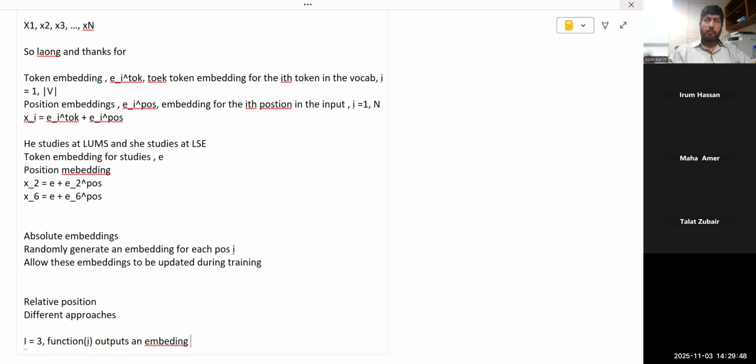ठीक है। आप उसको 3 देंगे वो आपको एक वेक्टर दे देगा, 4 देंगे आपको एक डिफरेंट वेक्टर दे देगा, 5 देंगे एक डिफरेंट वेक्टर दे देगा, 100 देंगे एक डिफरेंट वेक्टर दे देगा, और वो इस तरह compute कर रहे हैं using usually cosine and sine, such that those vectors can be compared. So the vector for position 1 will be much closer to position 2 as compared to the vector for position 1000, ठीक है.